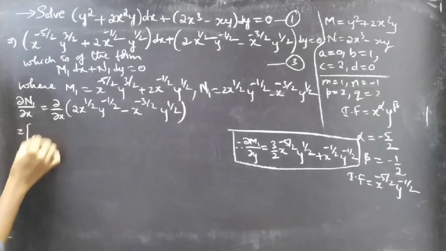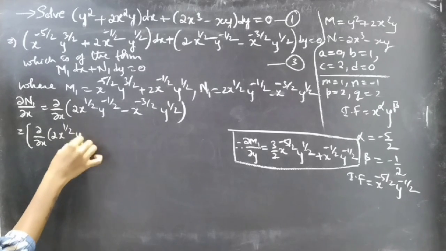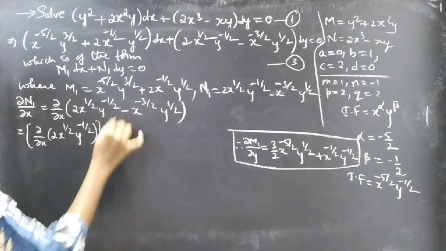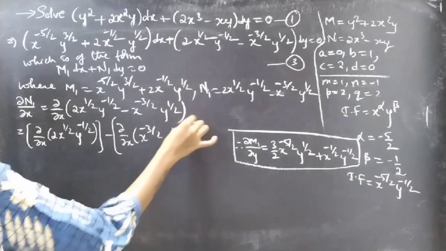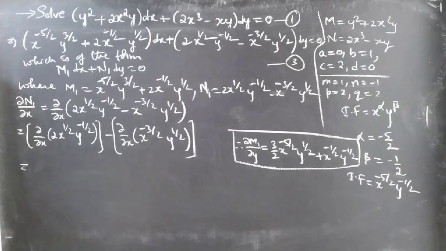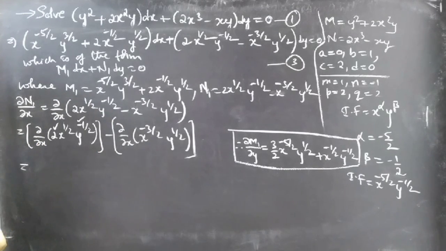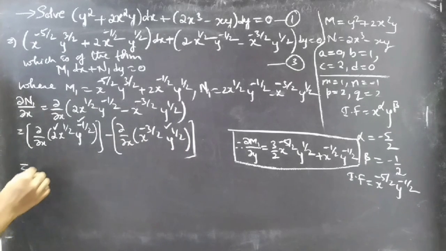Or we can write this as ∂/∂x of first term minus ∂/∂x of second term. Since we are doing partial derivative with respect to x, so y is treated as constant. Here in the first term 2 y power minus 1 by 2 are constants, and in the second term y power 1 by 2 is a constant, right? Let's write the constants outside the brackets.